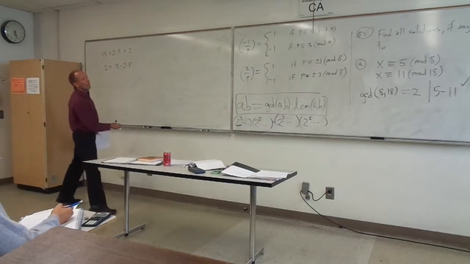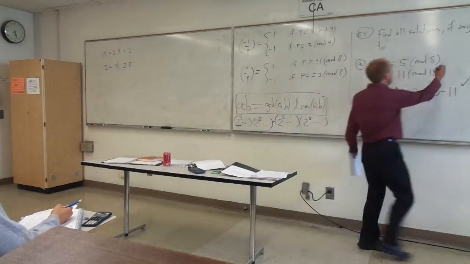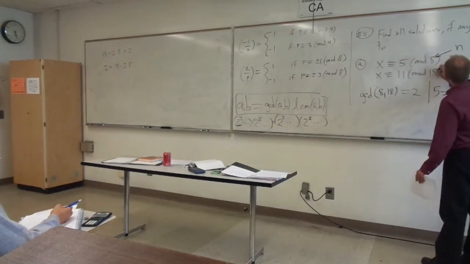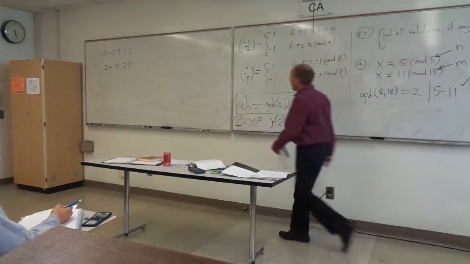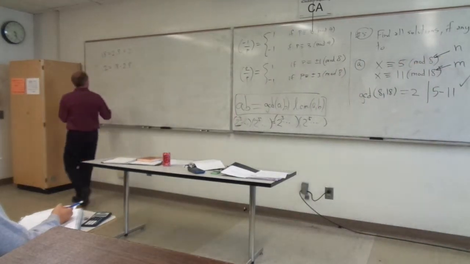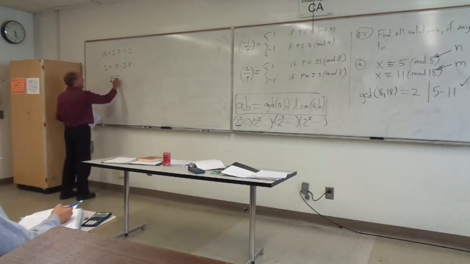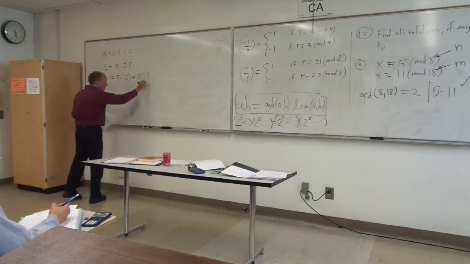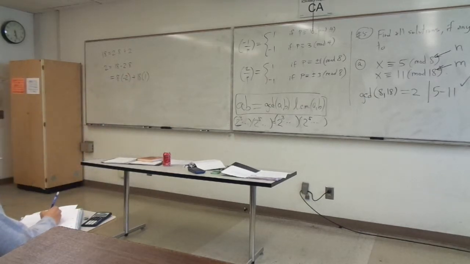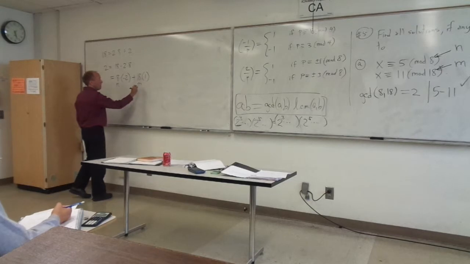Let me just get the general notation here. This is in the notation that we used in the notes. The n was 8 and the m was 18. And what we want to do here is write the n first. So this is 8 times negative 2 plus 18 times 1. I want to write everything in the same order that it's supposed to appear in. So this is n and this is m.